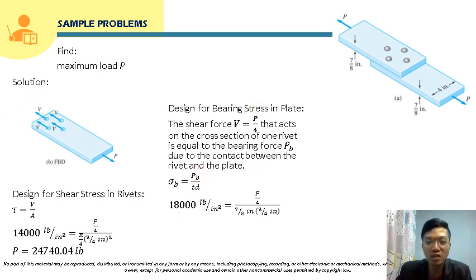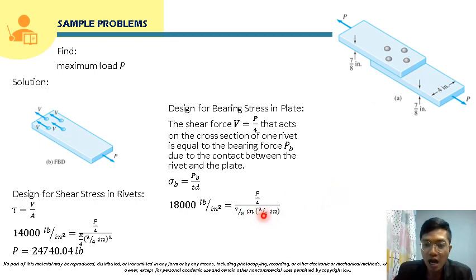So substituting that here, the given bearing stress for the plate is 18 ksi, so that will just be 18,000 psi, pounds per inch squared. That will be equal to our bearing force, P over 4, over the thickness of the plate, which is 7/8 inch, that is also given, times the diameter of the rivet, which is 3/4 inch.